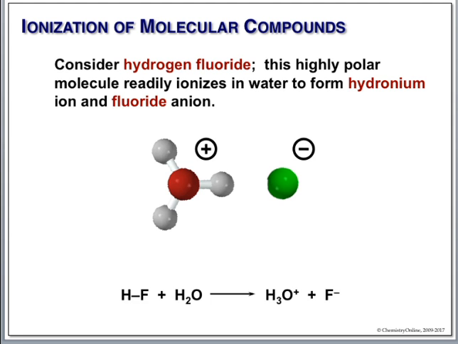Now we would show this way: HF plus water gives hydronium, that's this, and F minus. That is the process of generating something that is acidic. If it's acidic, you make H3O+.